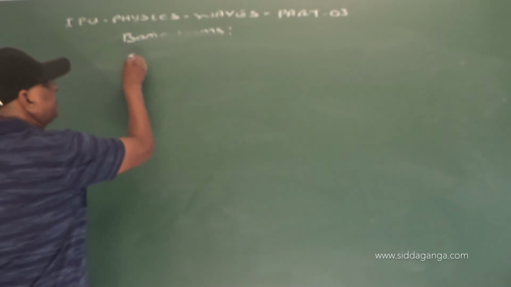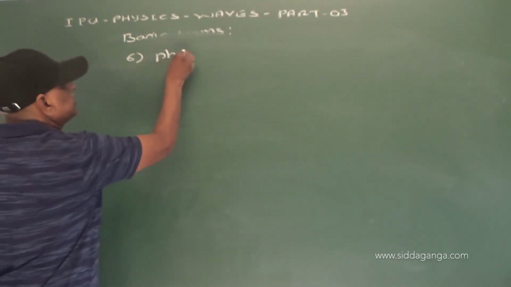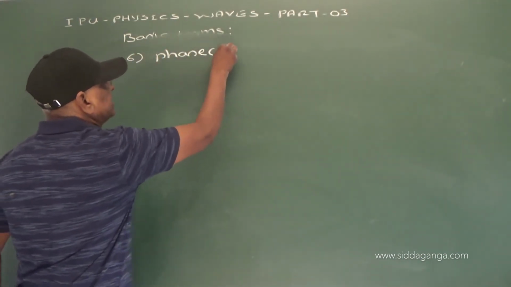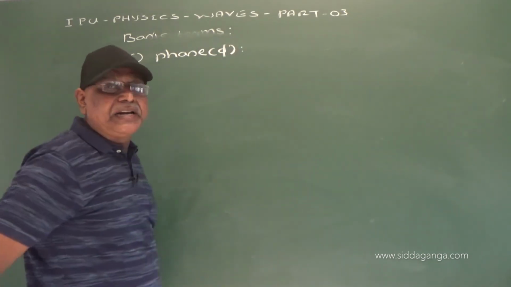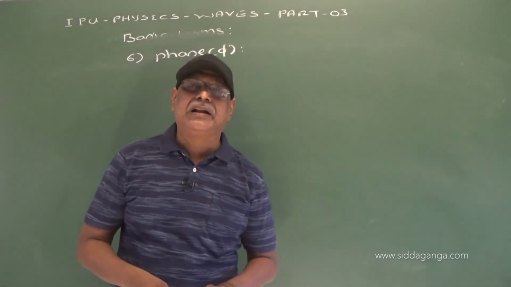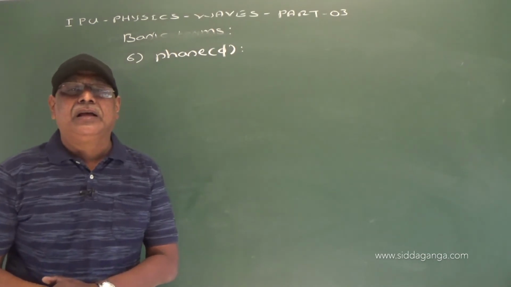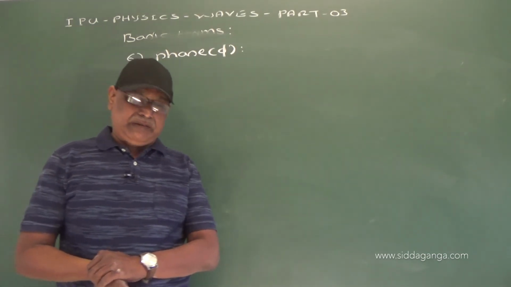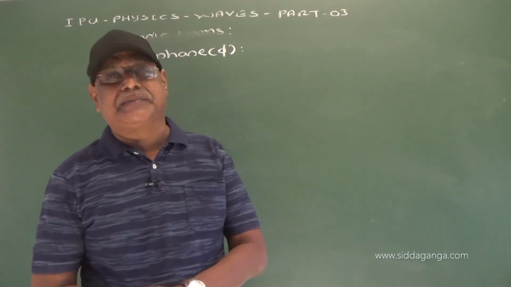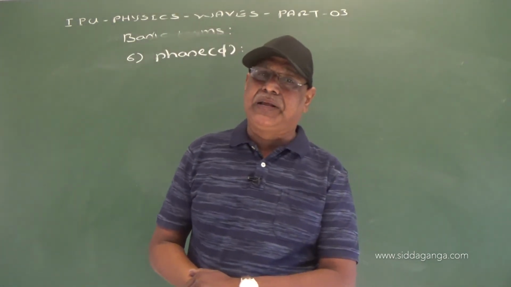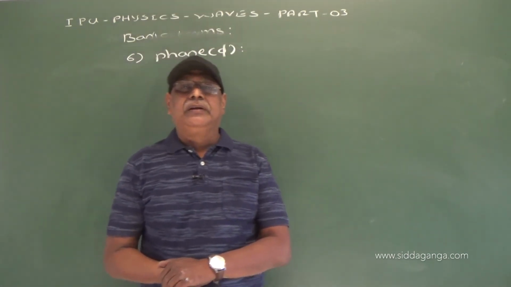Now the sixth one is phase, represented by the standard symbol phi. We have discussed phase in simple harmonic motion, that is, oscillation.